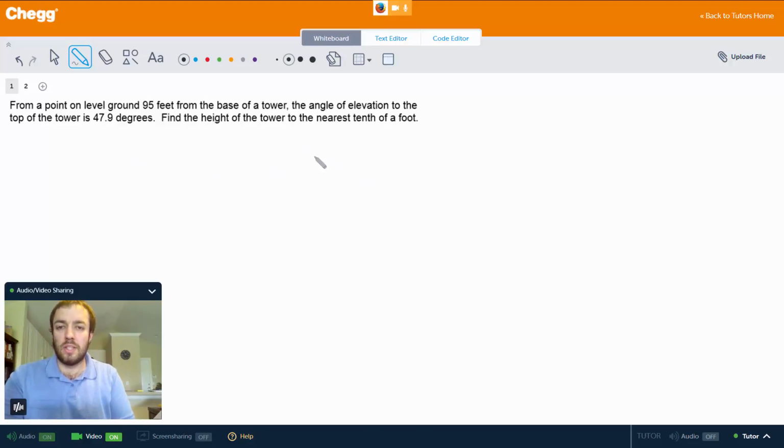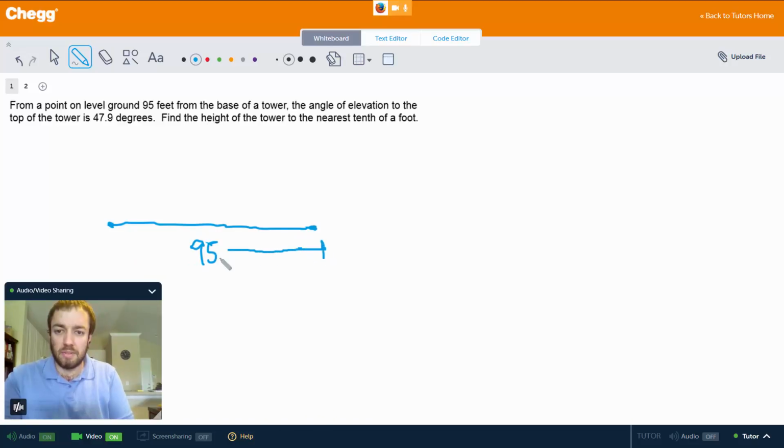For questions like this, what we pretty much always want to do is make a picture, because it's going to help us out tremendously in figuring everything out. We're told that a point on level ground is 95 feet from the base of a tower. So here's our point on level ground, and here is going to be our 95 feet.